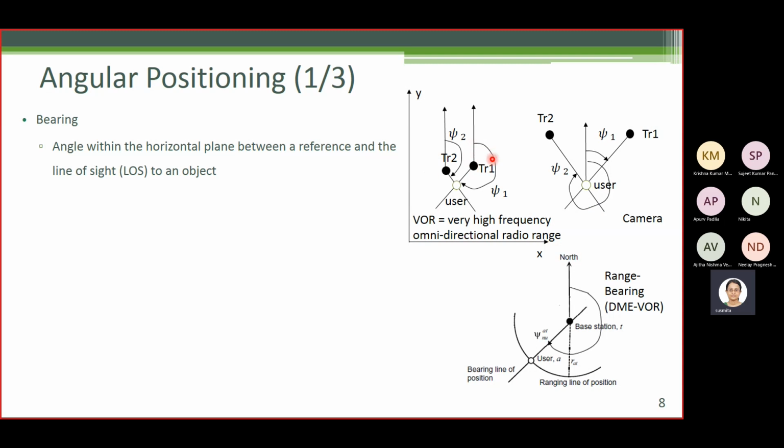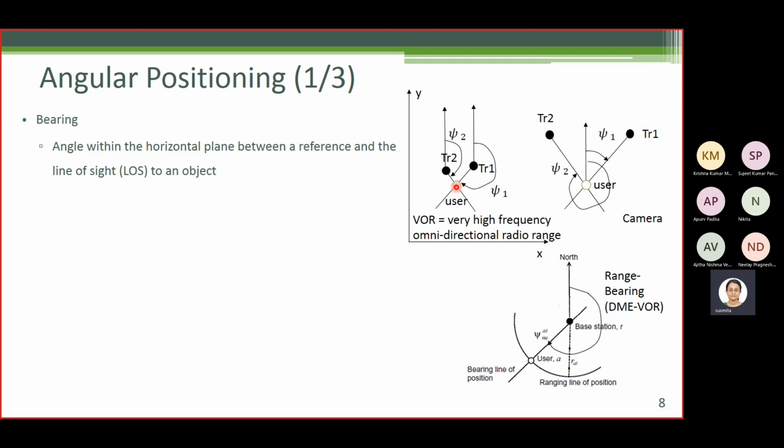Now for a given bearing measurement, what will be the line of position? It's basically a straight line. Anywhere on this line we get the same bearing measurement. So in case of constant bearing, the line of position is a straight line. Two straight lines intersect only at one point, so there is no ambiguity here. With the help of two transmitters, we can uniquely determine the user position.